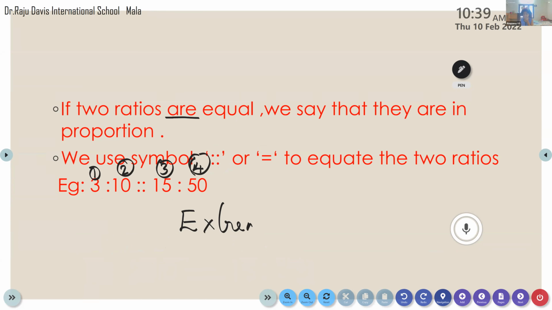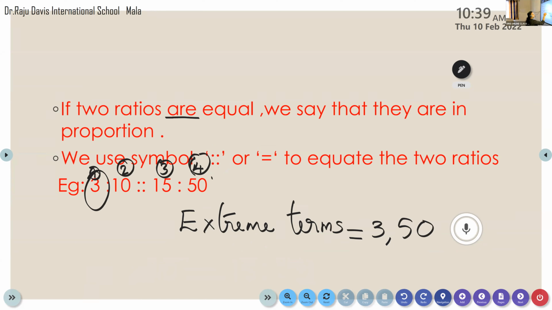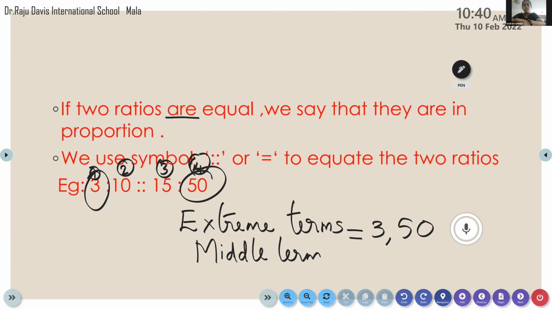Now children, tell me which are the extreme terms. Ma'am, first and fourth are extreme terms. First and fourth, tell me. Ma'am, 3 and 50. Yes, children. First and fourth terms are extreme. And what about middle terms? Second and third terms. Ma'am, 10 and 15.